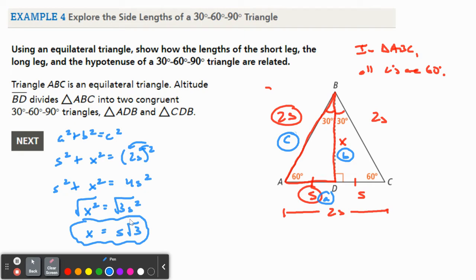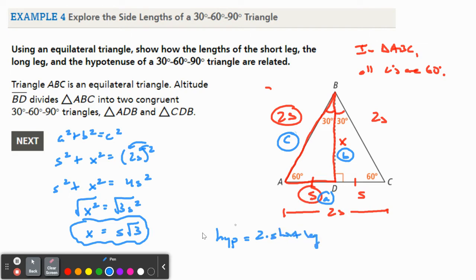So notice that it is the side S, right? That is the important side. That is the short leg. The short leg helps connect the hypotenuse and the we call it the longer leg, okay? So you'll see that the hypotenuse, and this was just from the beginning, the hypotenuse is 2 times the short leg.